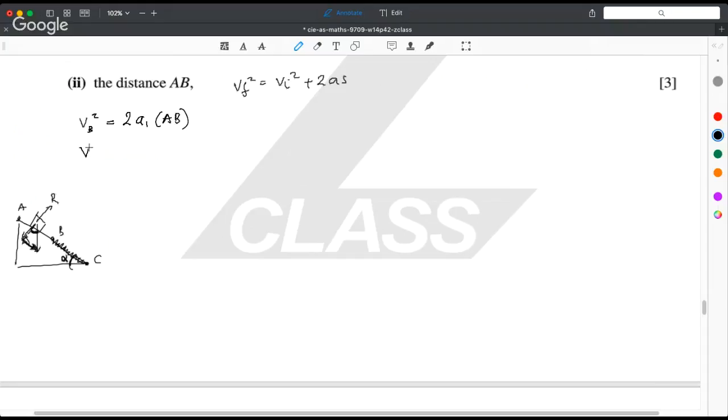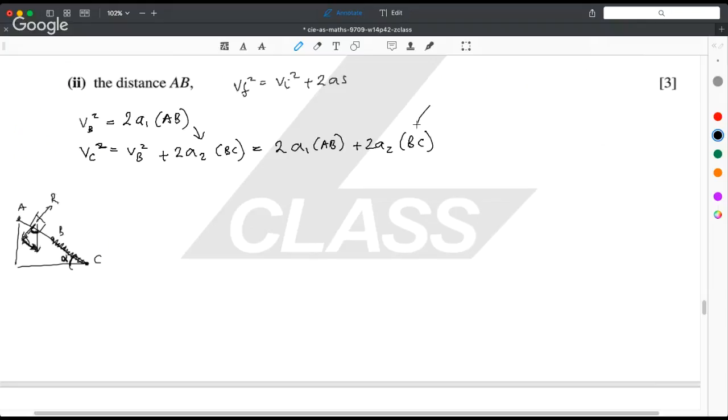And then I'm going to think about the velocity at C. We're not done yet. The velocity at C squared is going to be the velocity at B squared plus 2A2 times BC. All right, just applying this equation twice. So if I plug this equation into that one, I get that this is 2A1 times AB plus 2A2 times BC.